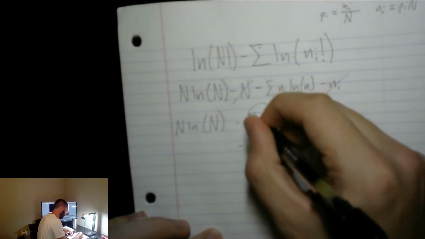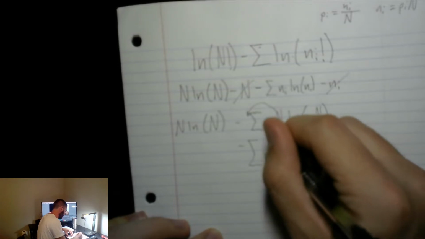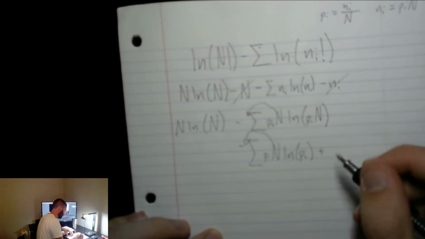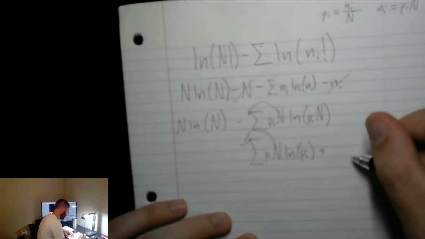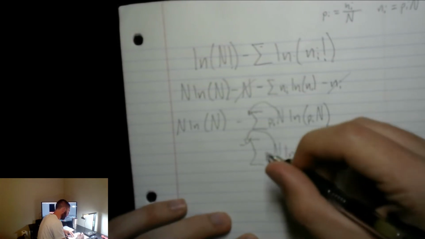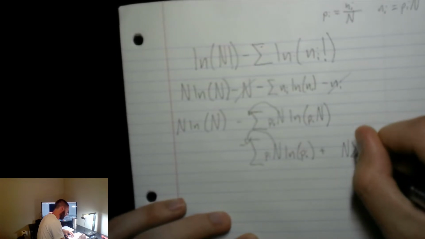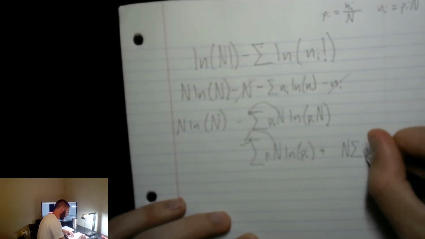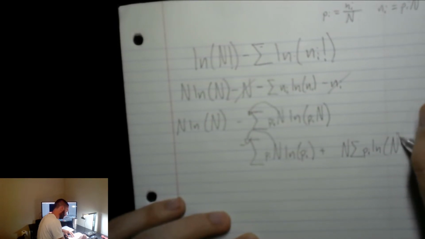And this big N is a constant, so I could pull it out here, and that'll be multiplied into both terms. Or I'll just rewrite it. So summation, and then plus big N again times the summation of probability times the natural log of big N.